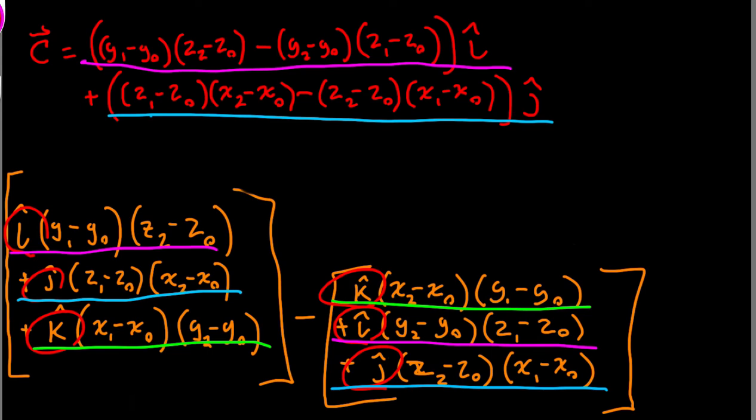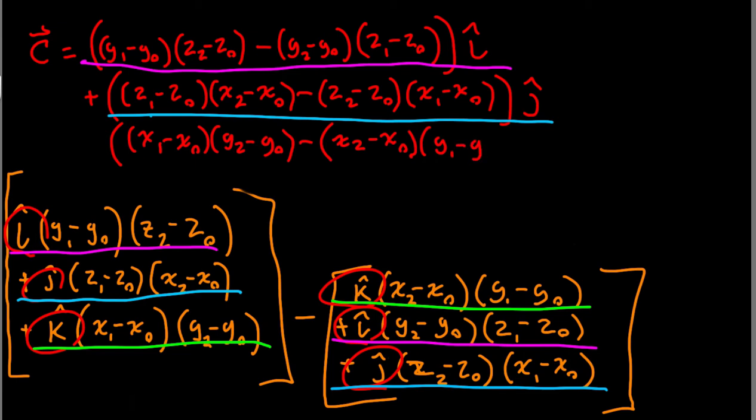So let's do k now. k is just going to be (x1 minus x0) times (y2 minus y0) minus (x2 minus x0) times (y1 minus y0), and all of that times k.